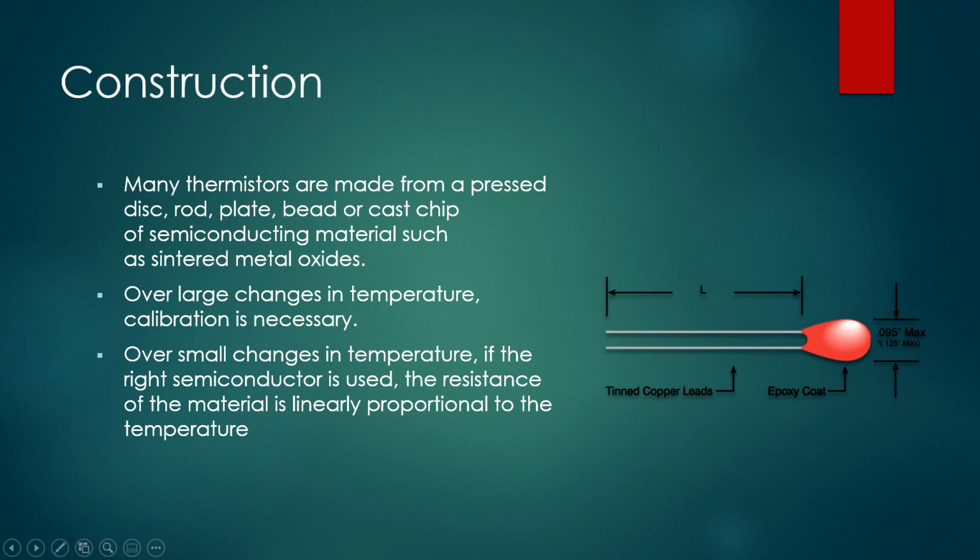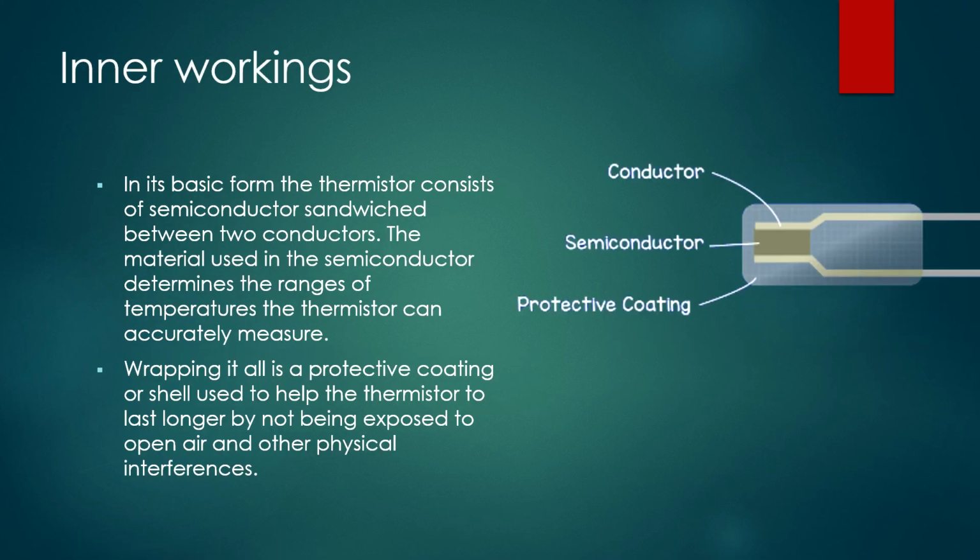Over small changes in temperature, if the right semiconductor is used, the resistance of the material is linearly proportional to the temperature. Inner workings. In its basic form, the thermistor consists of a semiconductor sandwiched between two conductors.